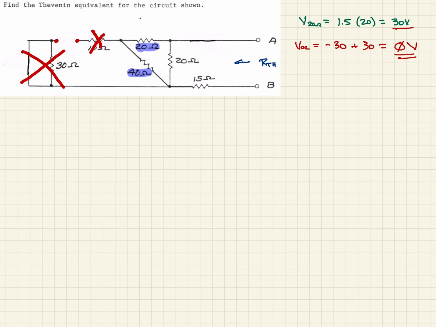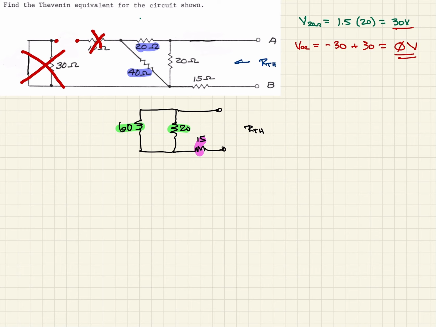So if we redraw that, it'd probably just be easier to redraw it. So it'd be like we had a 60 ohm resistor, and that's going to be in parallel with this 20 ohm resistor, and then we still have our 15 ohm here. So that being the case, we can write this then. Our Thevenin will be these two, the 60 and the 20 in parallel, and then that'll be in series with the 15.